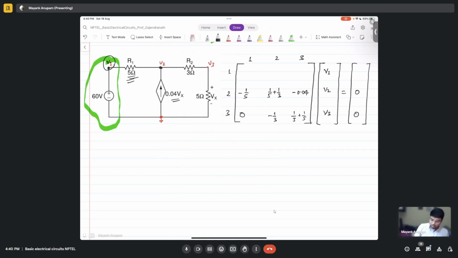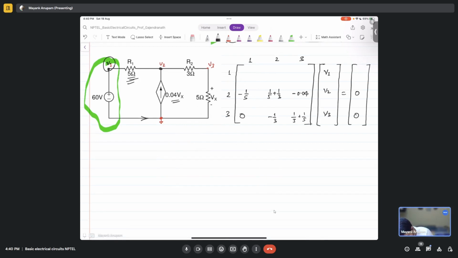So you have to now start writing the equations which are part of both reference and V1, right? Reference you do not worry about. So you simply write the KCL for V1. So tell me, what will be the first entry?